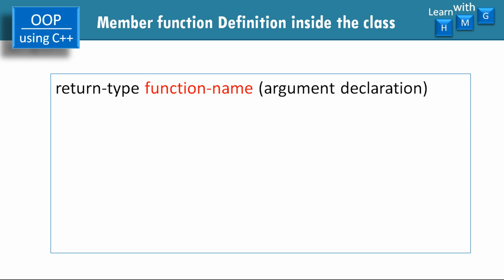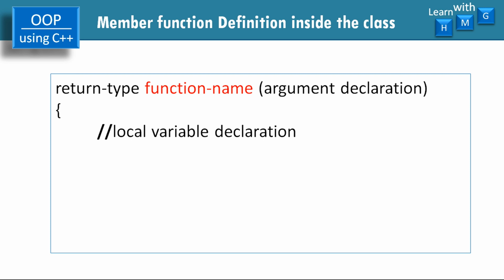Now whenever you want to define this member function inside the class under the public section, it is very easy. It is just like a C function: return type followed by function name, within the brackets the argument declaration, and immediately you write the function body. Within the function you can have local variable declarations if required.